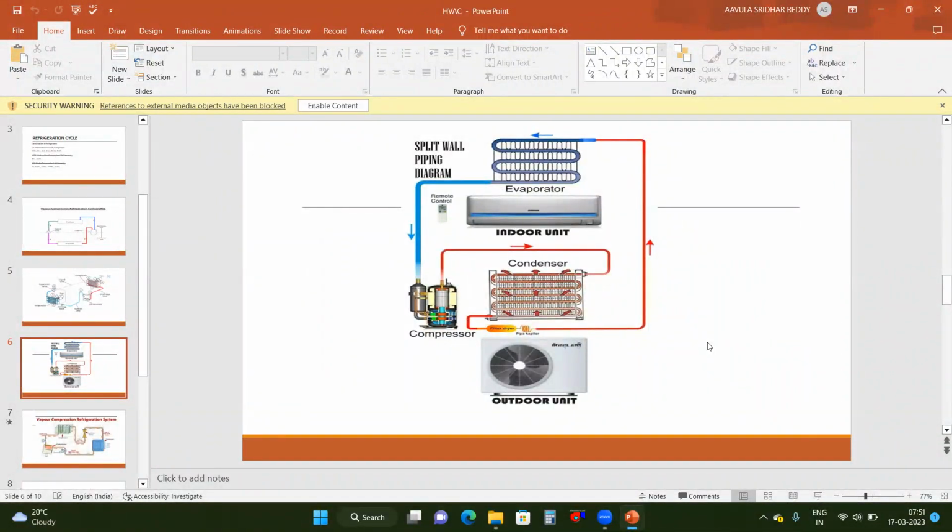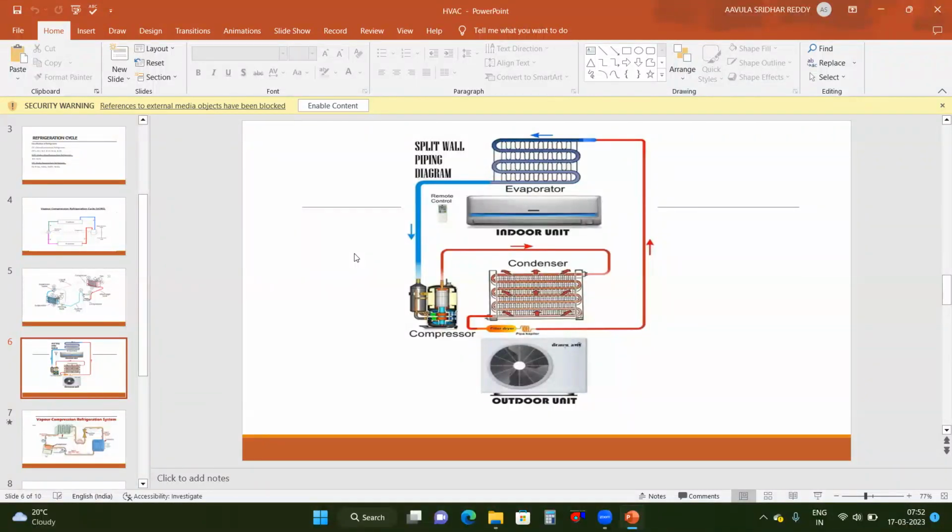The outdoor unit looks like this and the indoor unit looks like this. We use a copper pipe to connect the indoor and outdoor units. The liquid or gas present in the copper piping is what we call the refrigerant or gas.